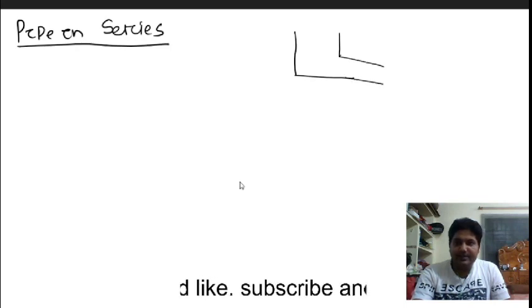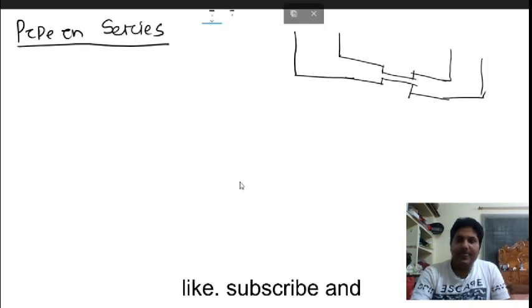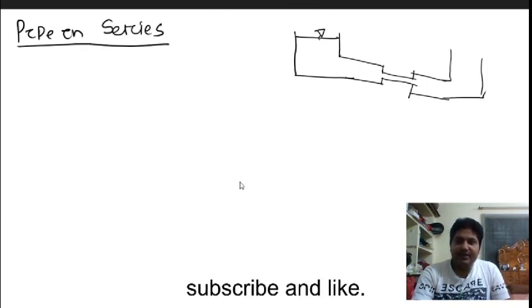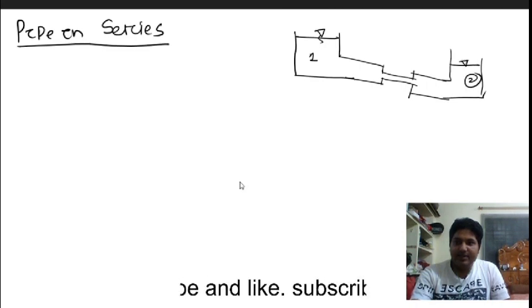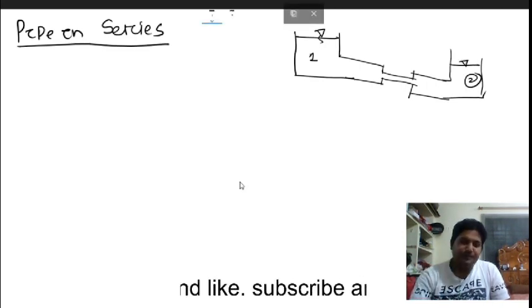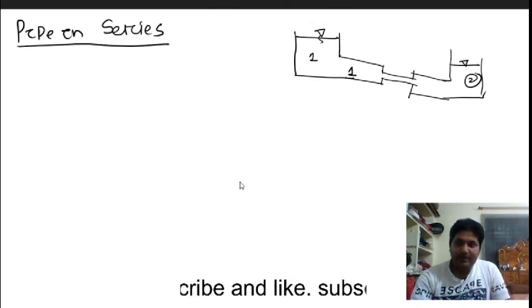Another pipe is connected, and another pipe is connected, and this is the final reservoir. Suppose this is the free surface of reservoir 1, and this is the free surface of reservoir 2. This one is the first pipe, second pipe, and third pipe.